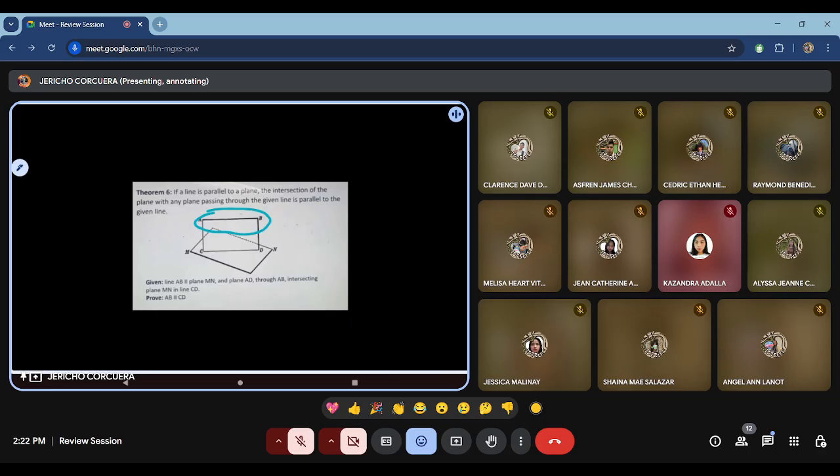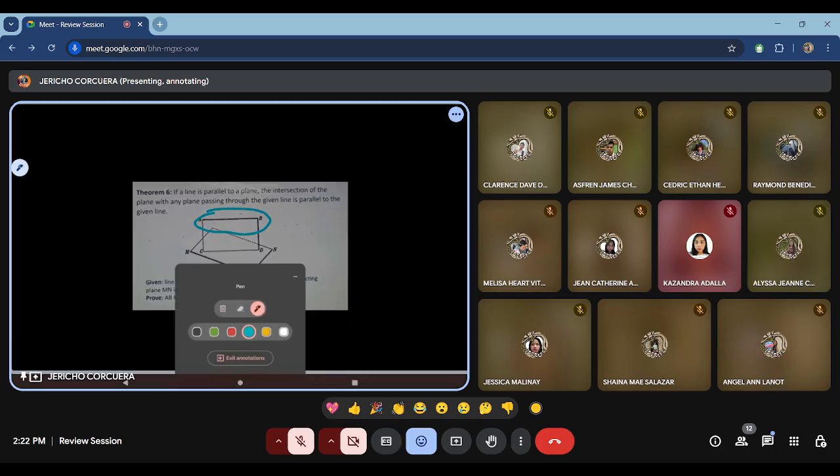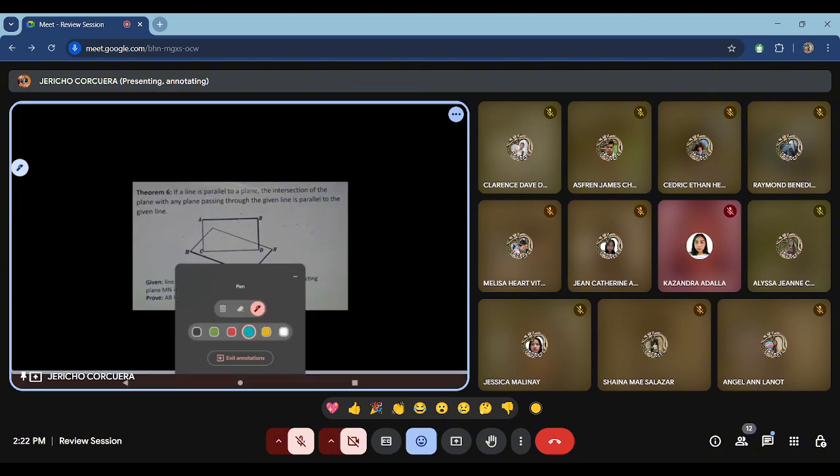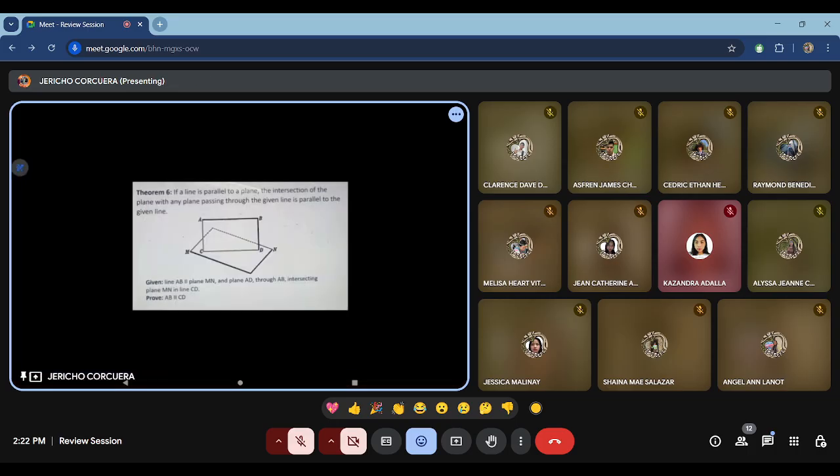And ito yung line of intersection natin sa plane. It is a straight line. Line CD. Yun yung line of intersection natin. Ayan. So, let's continue na. Ito, line CD.